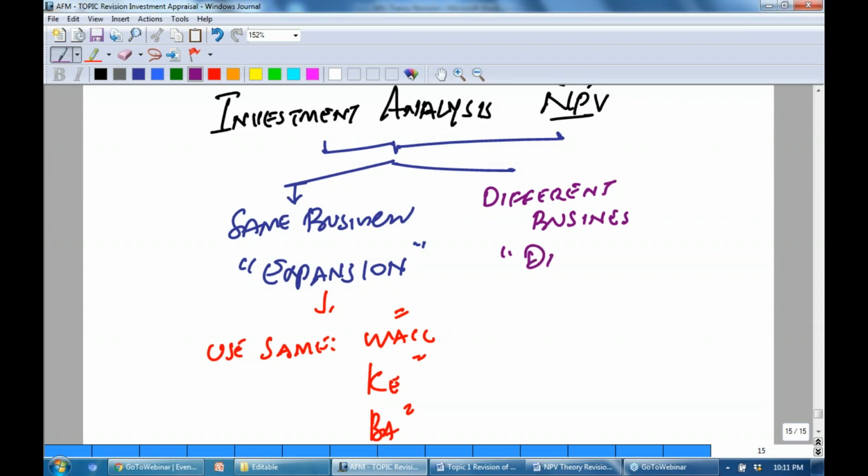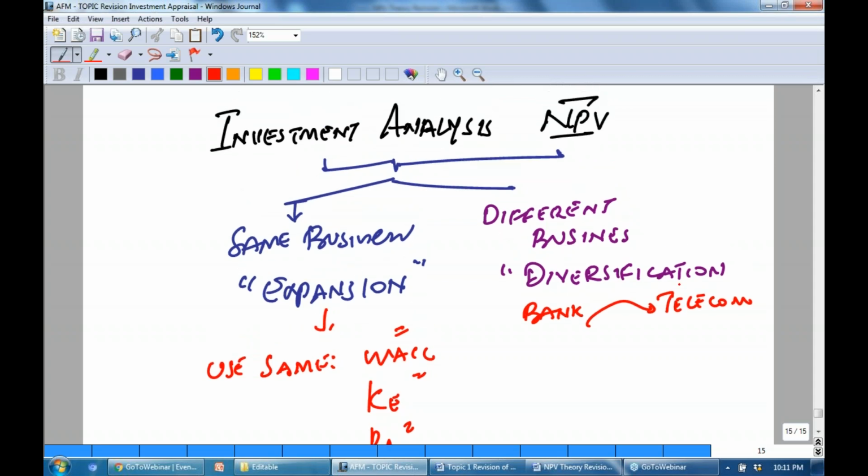That's called diversification. For example, bank wants to move to telecom.